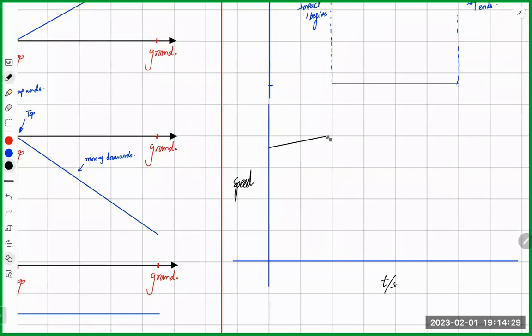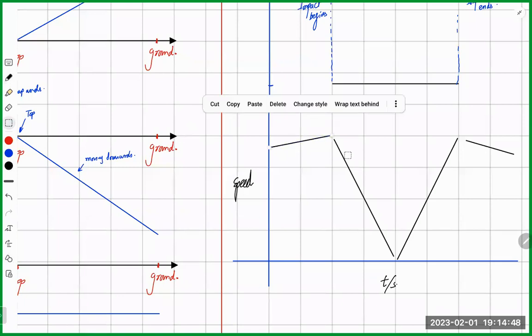Again, constant acceleration. Okay, the object is falling down, speed is increasing.